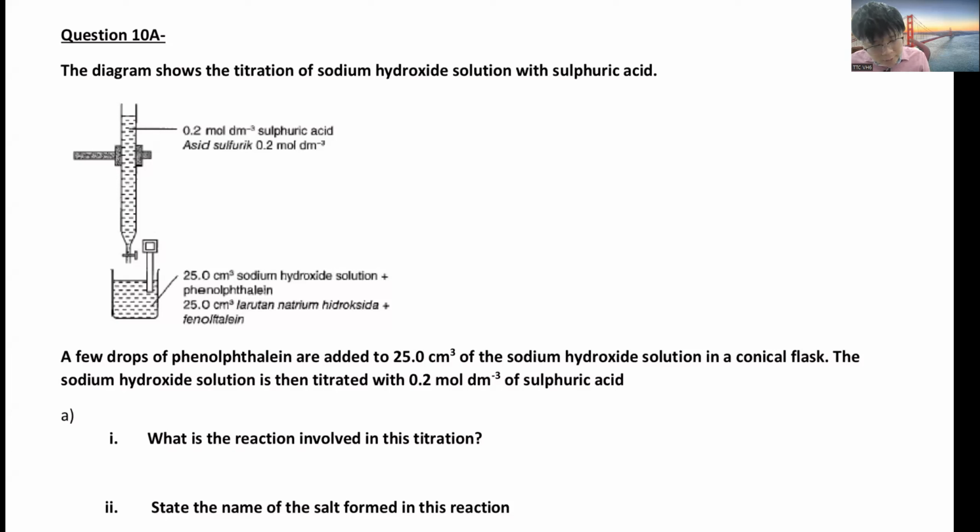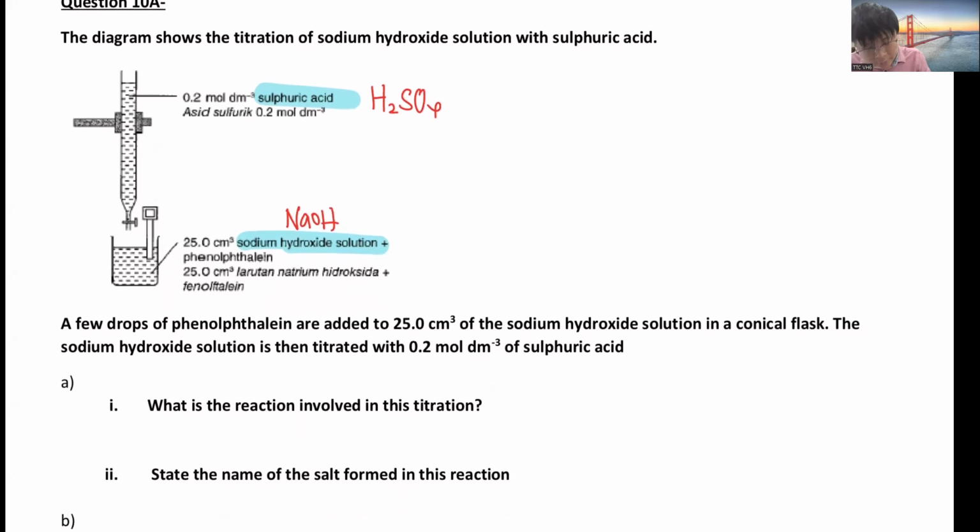Then move on to the next question. This reaction is between sulfuric acid and sodium hydroxide. Sulfuric acid is H2SO4, sodium hydroxide is NaOH. So the reaction that occurs is neutralization.